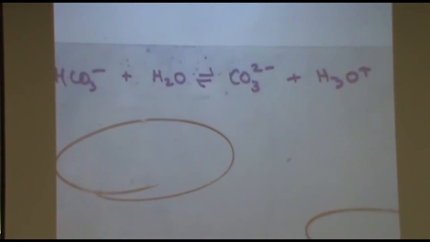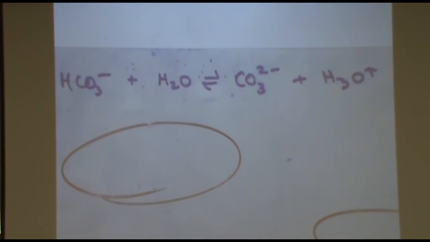You should be able to identify the acid, base, conjugate acid, and conjugate base here. Let me give you about 15 seconds if you want a head start to answer that. Acid, base, conjugate acid, conjugate base.